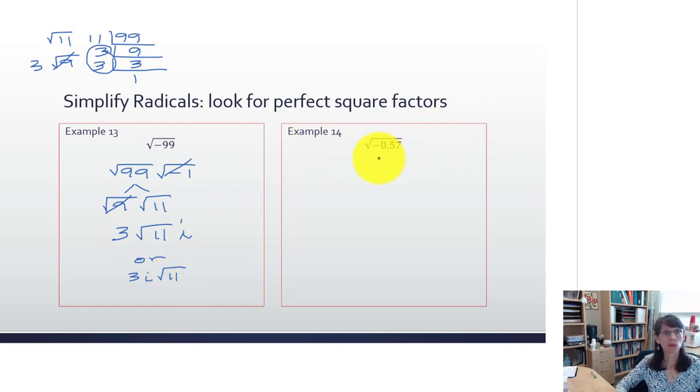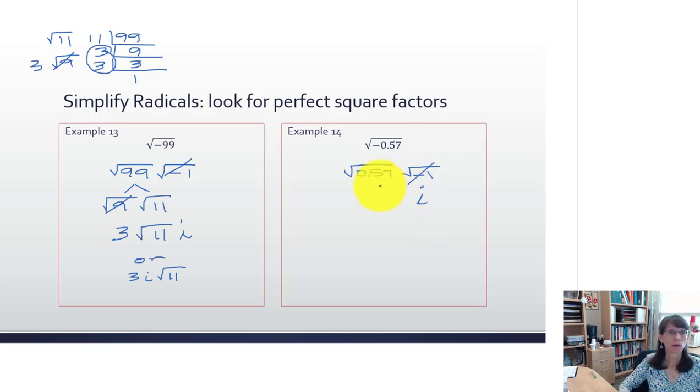Now in example 14, you'll see that this is a little bit unusual to have a negative decimal under the radical. But we know that the factors are involving square root of 0.57 multiplied by the square root of -1. So automatically I know that square root of -1 is going to clear the radical as i.